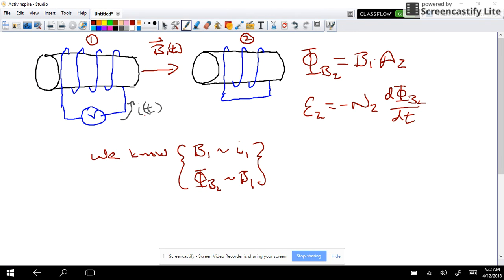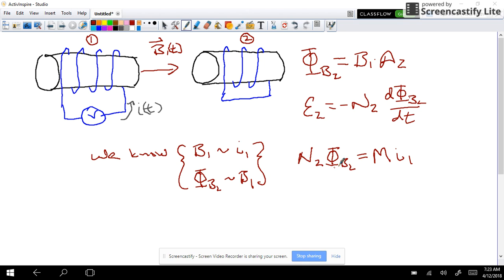Okay? So if we know that B1 is proportional to I1 and phi B2 is proportional to B1, we can write the relationship between these things this way. N2 phi B2 is equal to something we'll call M times I1.